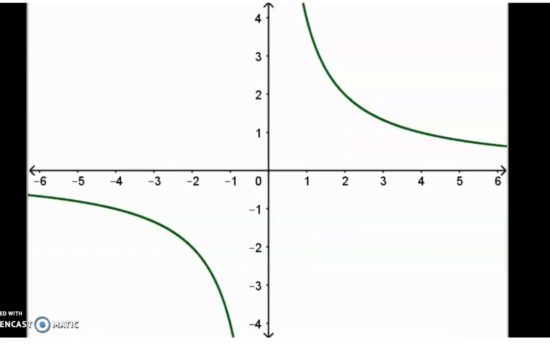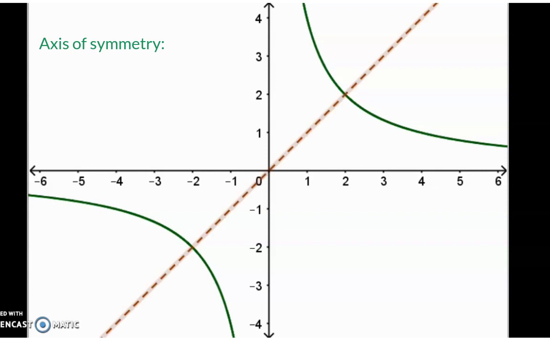We first talked about the axis of symmetry when we did the parabola. This is a line that you can draw in such a manner that when the function is folded on that line, the two parts fit exactly on each other, meaning that they are mirror images. The hyperbola has two axes of symmetry. Firstly, we can draw the line y is equal to x.